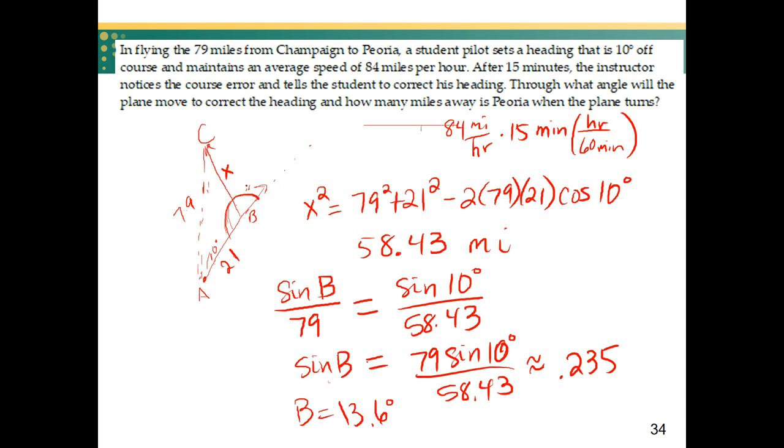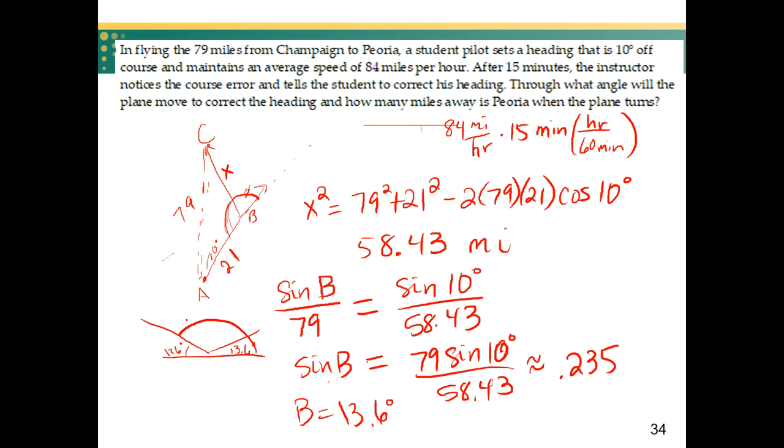So we know that sine of B is 0.235, but if B were 13.6, look here, we would be going back this way. And if we did that, then this would have to be shorter than 21. So in this case, it's not the one we get, it's the reference angle. So here's 13.6 degrees, and then over here, 13.6 degrees.